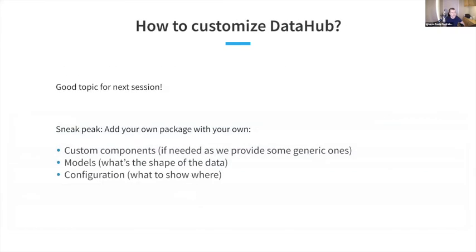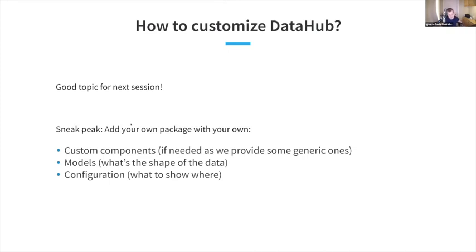Okay, so how to customize DataHub? That's a very good question, but I want to cut it right here. Maybe we can add a next session, to be very specific about how to do it now that we know a little bit more about the structure. And also we're running out of time. So if you're looking forward to a session like this, just ping us and we will do it.